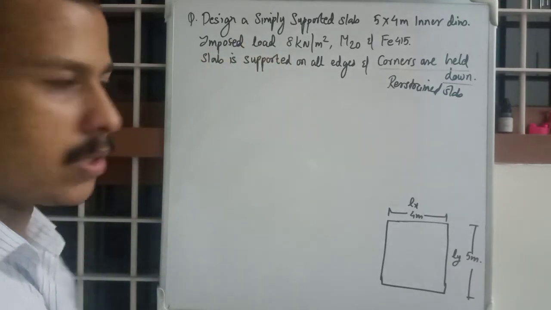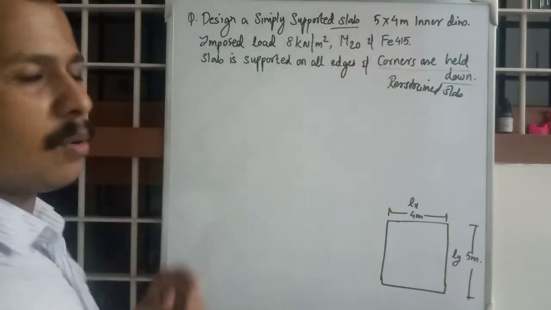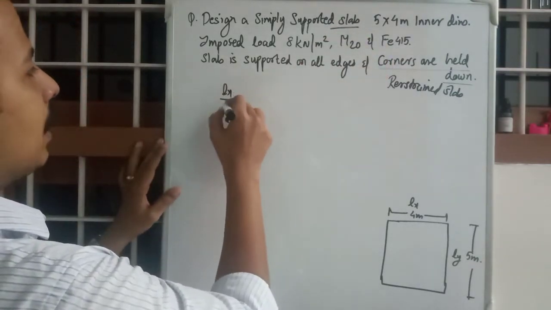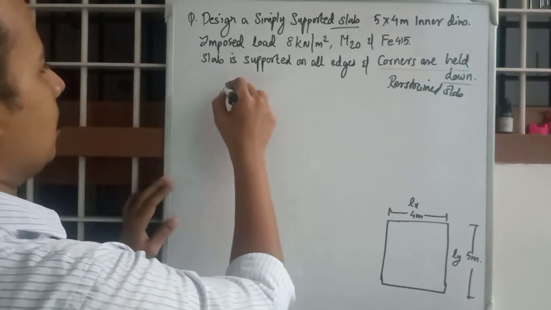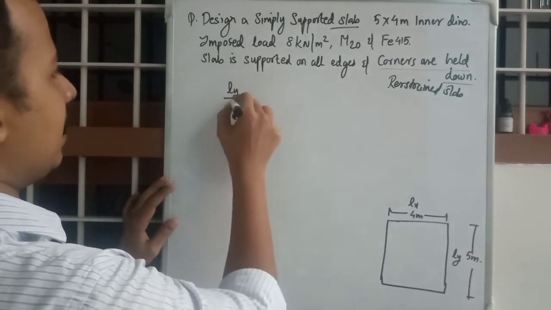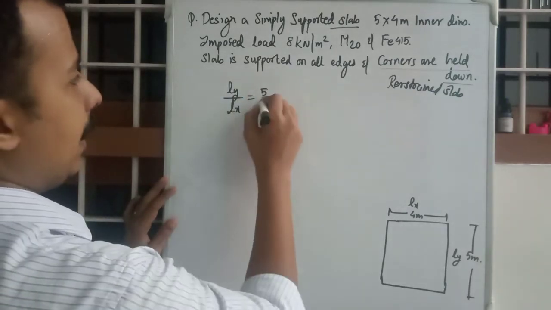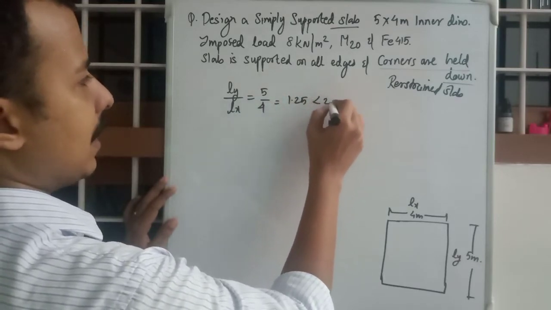Obviously the first step is to decide whether it is a two-way slab or a one-way slab. So how do we do it? Ly by Lx. Ly is 5, Lx is 4, so it is 1.25, which is less than 2.